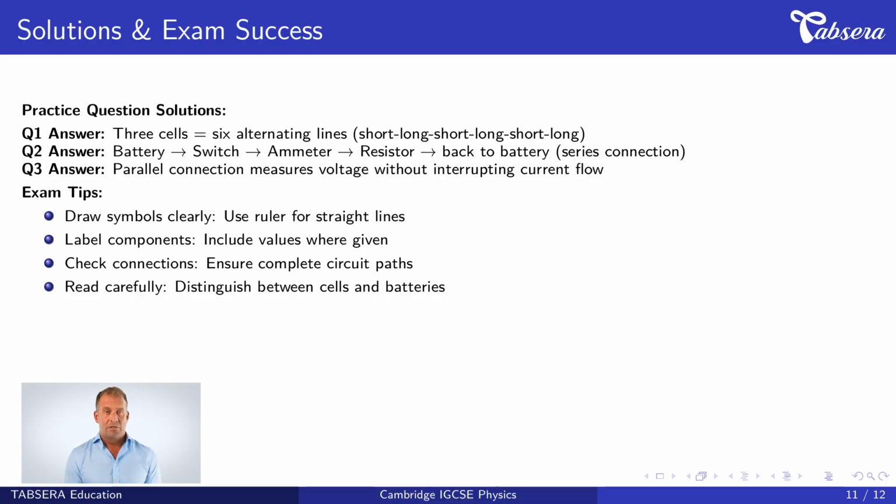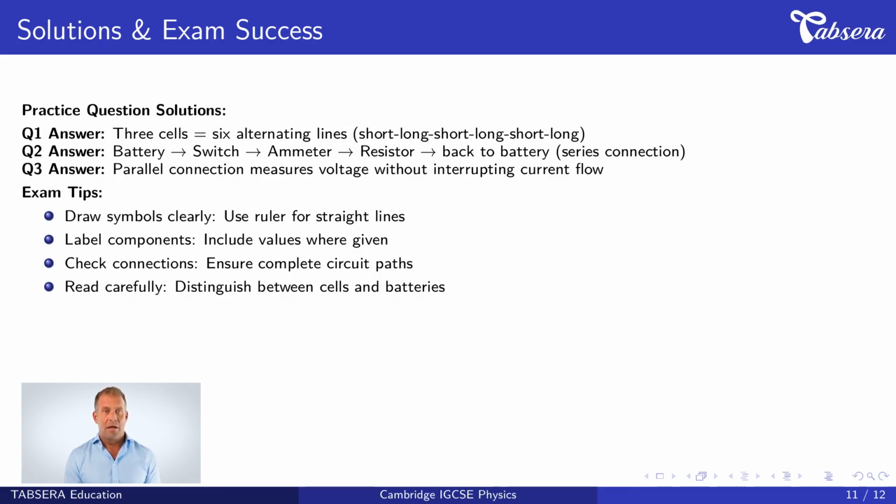Let's review the solutions. For question 1, a battery with 3 cells requires 6 alternating lines. Short line for negative, long line for positive, repeated 3 times in sequence. This represents 3 cells connected in series. For question 2, the correct circuit connects battery to switch to ammeter to resistor, then back to battery, forming a complete series circuit where current flows through each component.